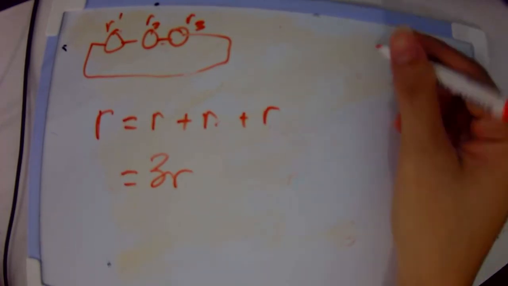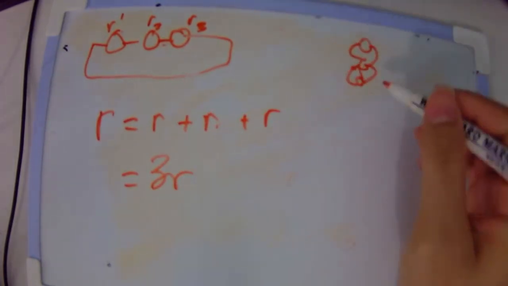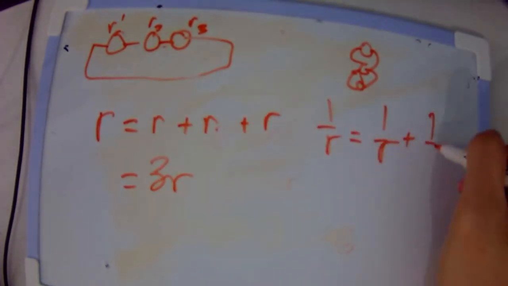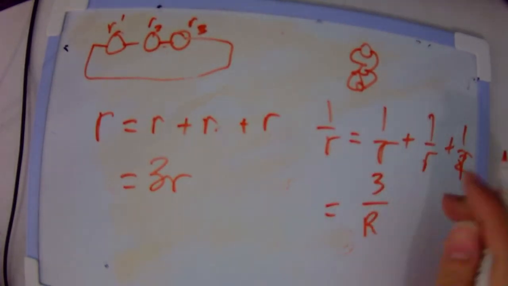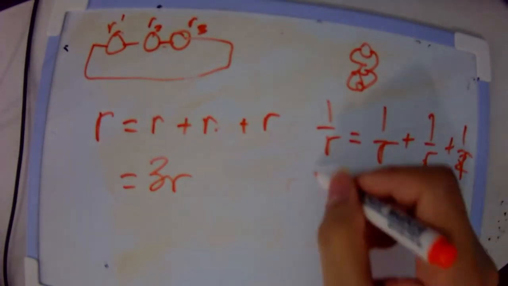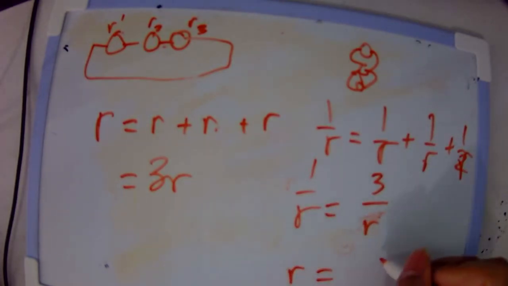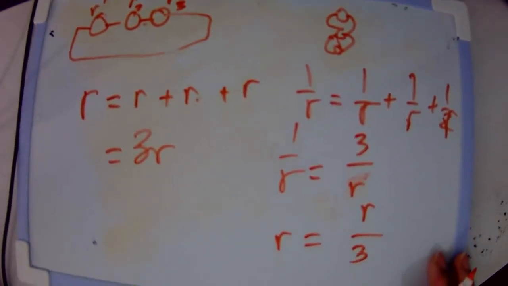But if we were to connect it in parallel, something like that, then instead of 3R, you would get what? 1 over R equals 1 over R plus 1 over R plus 1 over R. And so you get 3 over R, and so the resistance equals R over 3. Right?